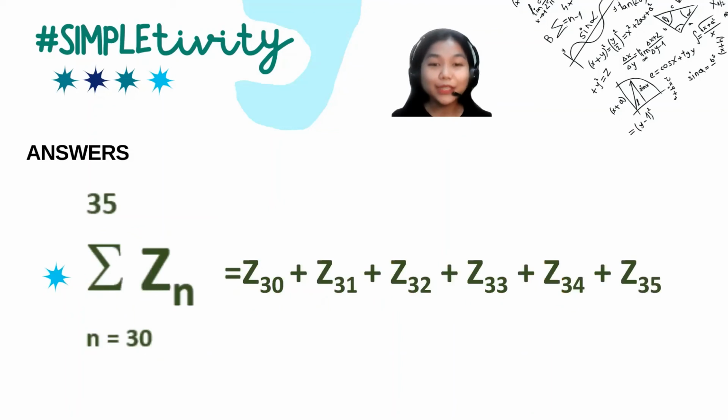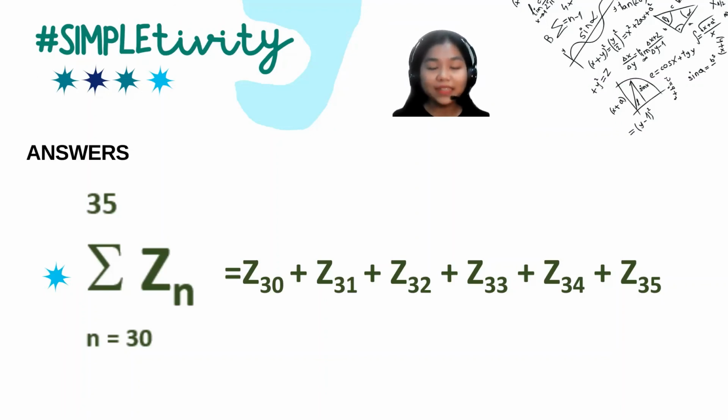And then summation of Zn as n goes from 30 to 35 is very easy. Z30 plus Z31 plus Z32 plus Z33 plus Z34 plus Z35.